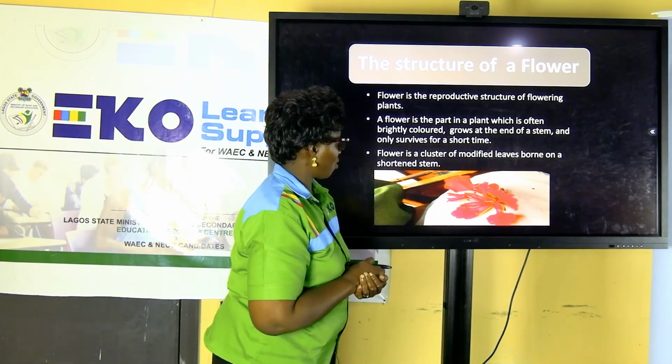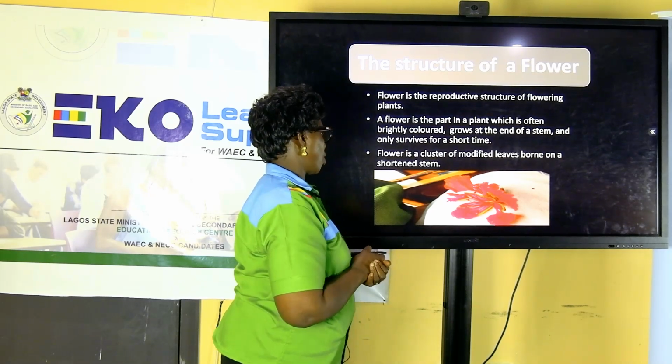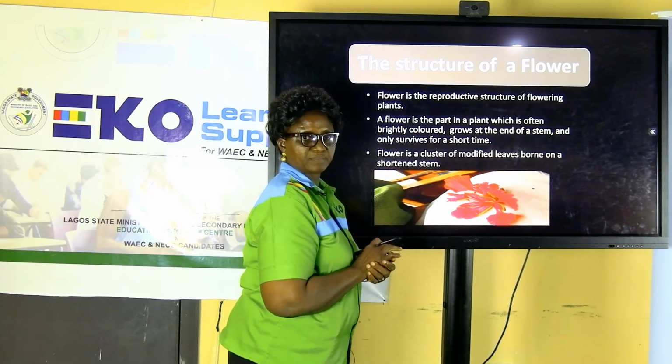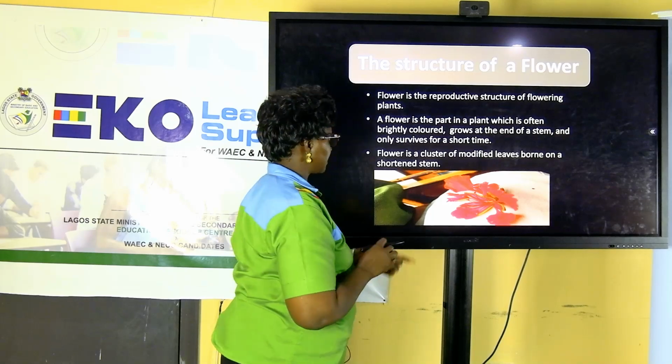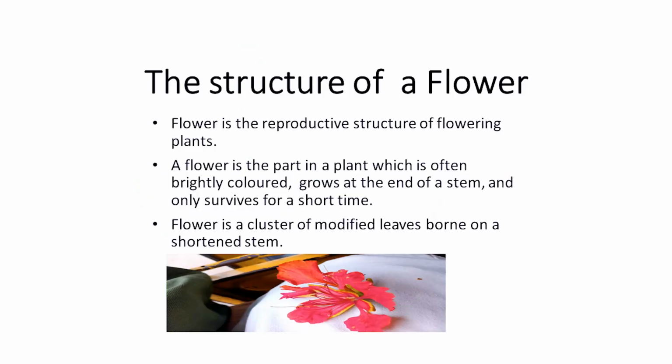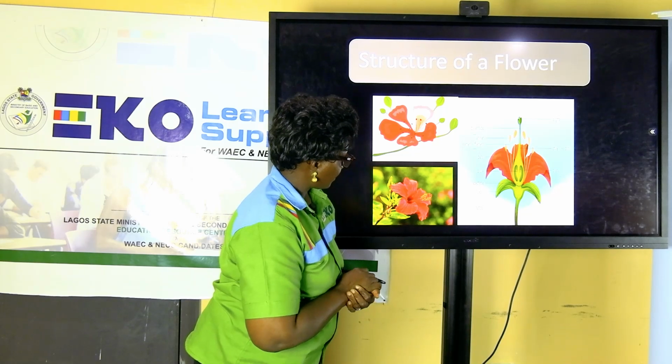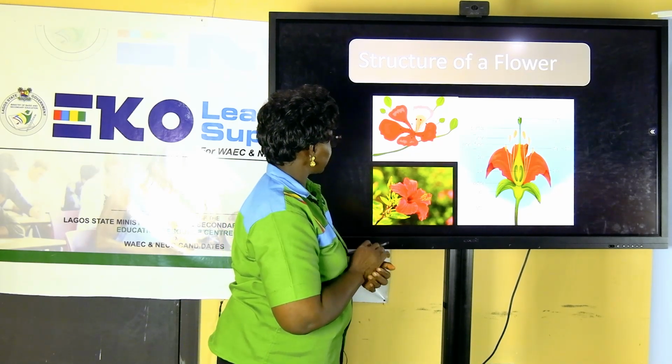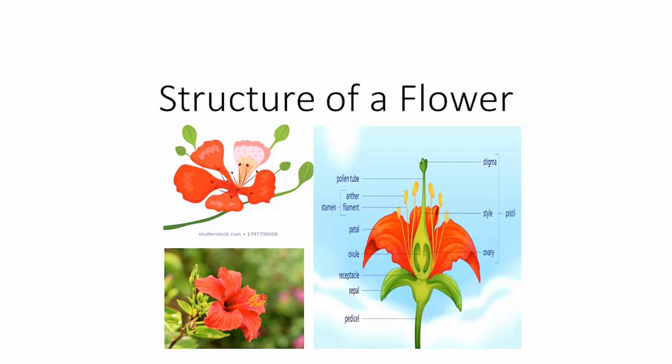A flower is a cluster of modified leaves borne on a shortened stem. A flower is considered to be what? Modified leaves that are often found on a shortened stem. I have some flowers here. We look at these flowers, they are brightly colored, particularly this one that has some parts labeled. That shows the different parts that make up a flower.